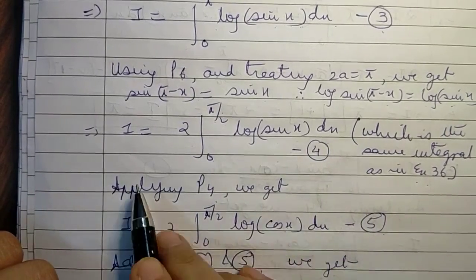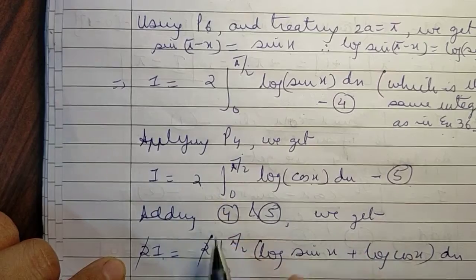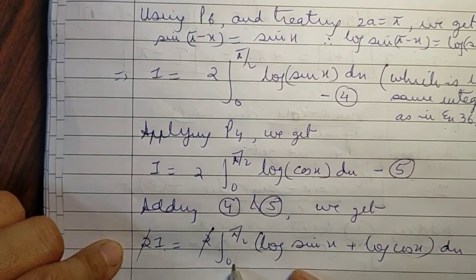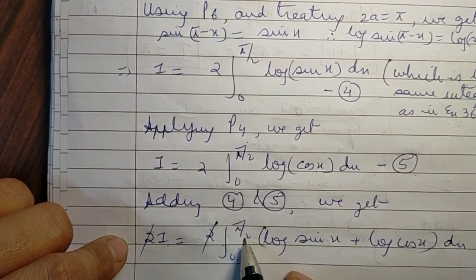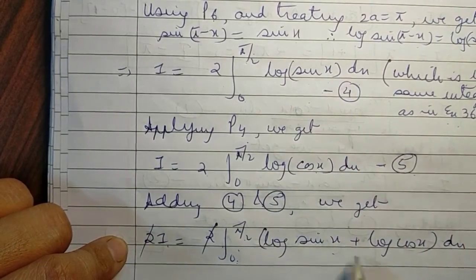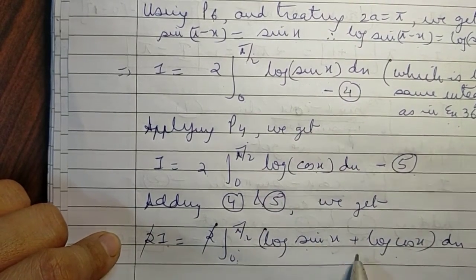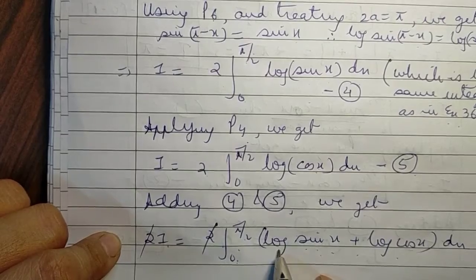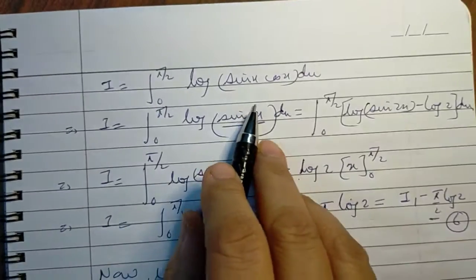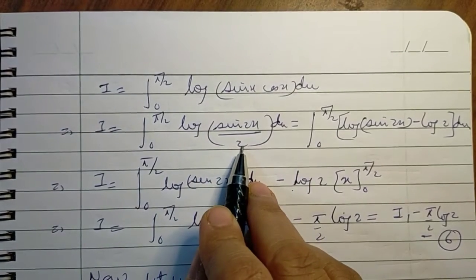Adding 4 and 5, we get twice of I is equal to 2 is common. The integral and the limits are common, 0 to pi by 2 log of sin x plus log of cos x. Again applying the properties of log, it becomes log sin x into cos x, which can be written as log sin 2x over 2.